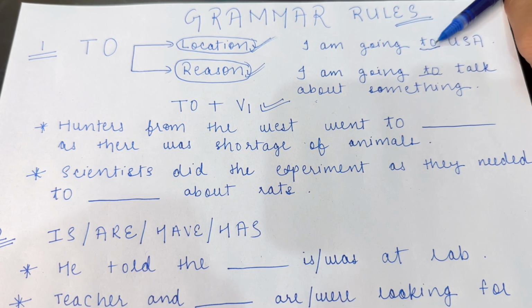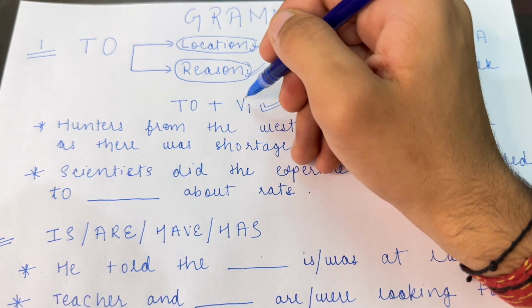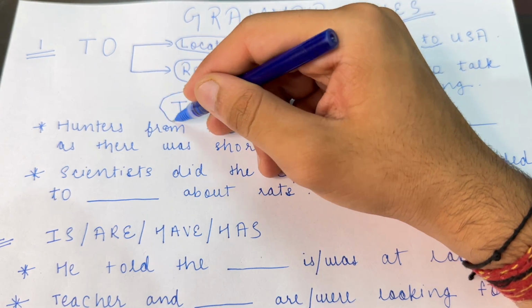So one "to" you will use for location, the second "to" you will use as a connector between your words or to give a kind of reason. I would like to talk about something. I would like to eat pizza. Moreover, every time after "to" only the first form of the verb will be used.